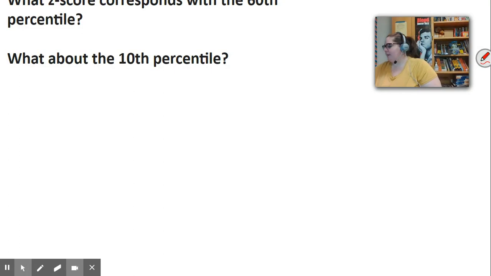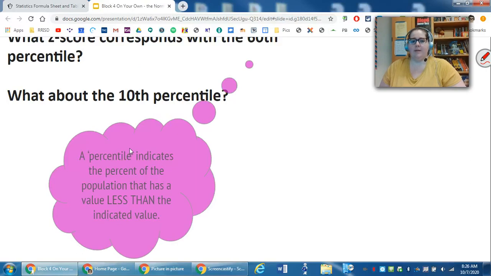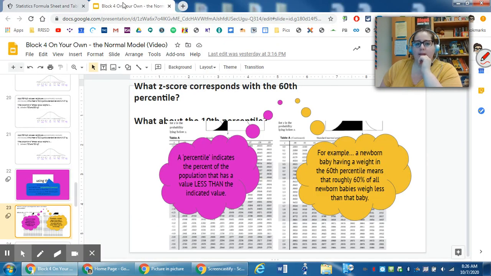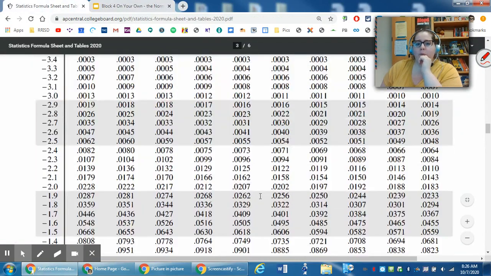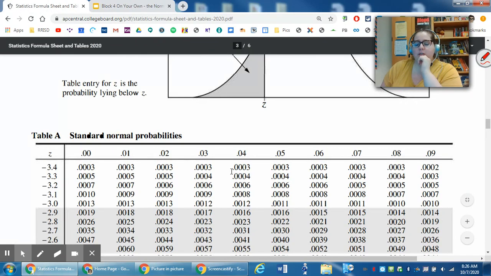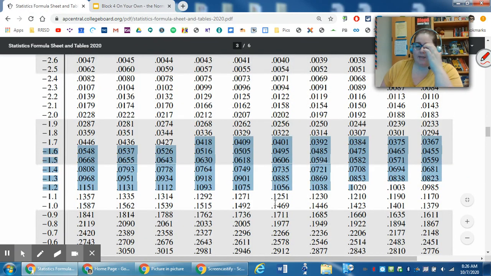So percentile is basically the place in the distribution where 60% of the data is below that value. So what I'm looking for in my z-table, remember, the z-scores are on the edges. Inside the graph is the proportion or percentage.